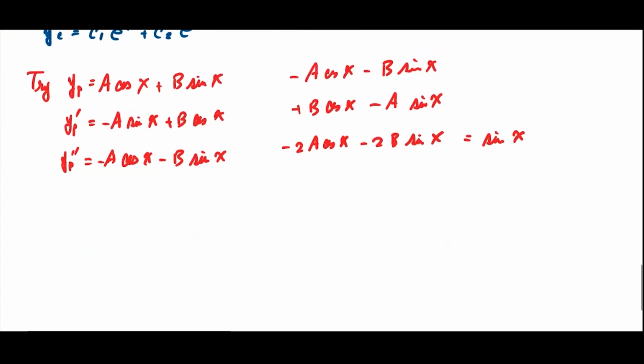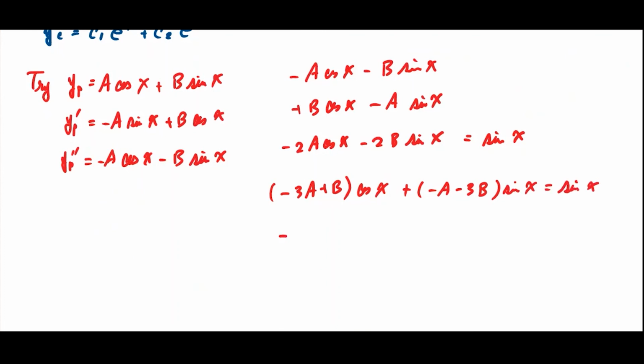Well, having said that, they are like terms now, so let's add. So what I have is negative 3a plus b times cosine of x, and I have negative a minus 3b of sine of x is equal to sine of x.